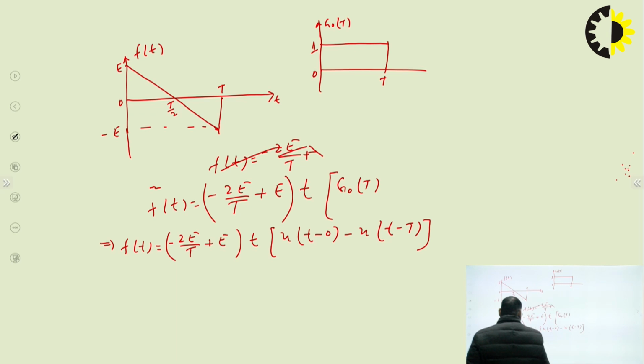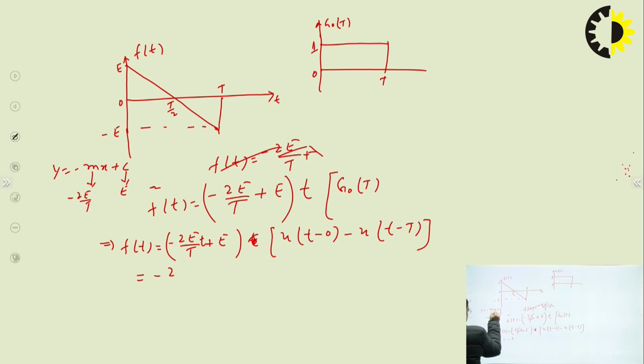Okay, now break this one. Sorry, this t here you cannot write as T, this is the t. Why? Because it is mx plus c, so c is E, and m is minus 2E upon T, and this is t.